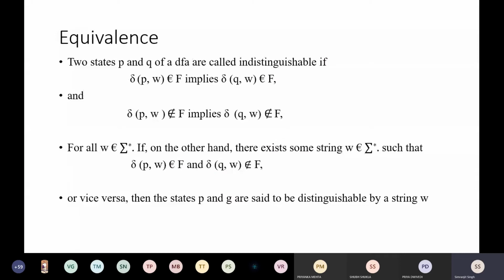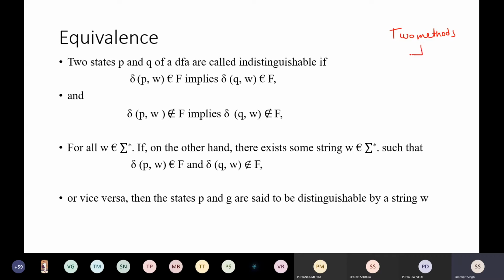Before entering it, I will tell you that there are two methods to do the minimization. We will only be studying one method. You can go towards the second method also, but that is a lengthy method and I do not prefer it.